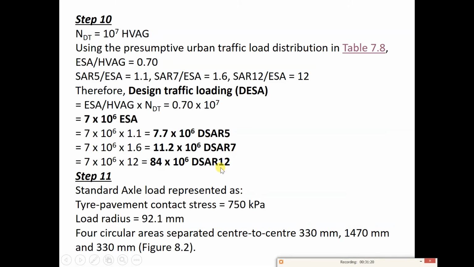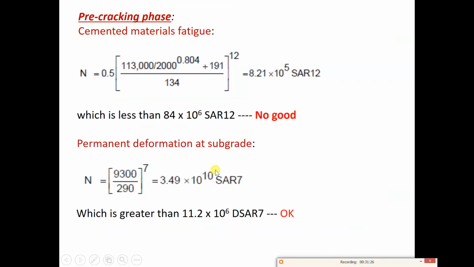This is the design. So the design is greater than the allowable. It's not good. So that means it's failed. It failed. That's why there's cracking. This cemented material fails, and of course it will crack. But later on, after it fails, it becomes a granular material, granular pavement, or stabilized material.